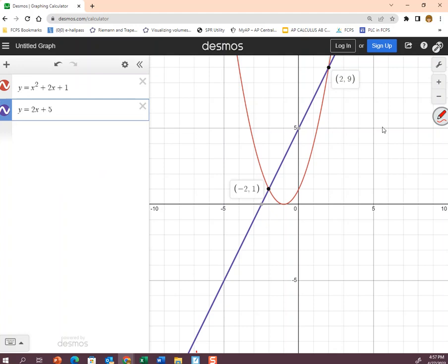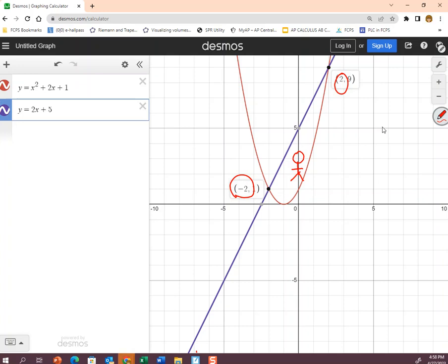So it looks like the area we're looking at is going to go from a left boundary of -2, because our left and right boundaries are x's, and a right boundary of 2. Now, my question would be, which one is on the top?